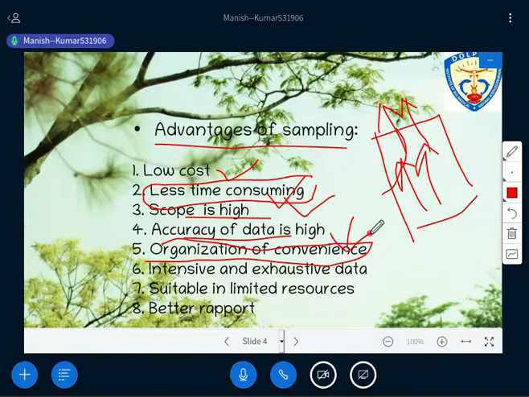If you have a small amount of data, you don't need a vast facility to store or operate it. You need a small area, so execution of that work will be very easy. So those organizations dealing with all kinds of sampling activity will be in a comfortable position. That's why organization of convenience is achieved through the sampling process. Is it okay?